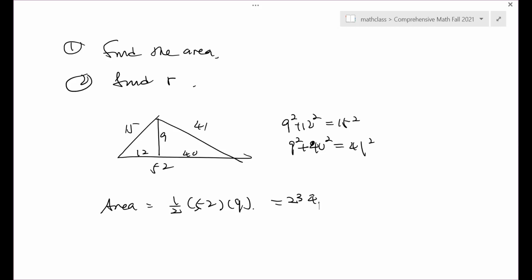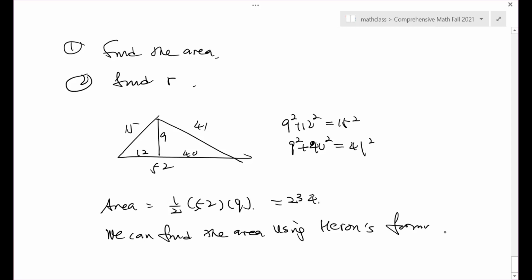We also have the so-called Heron's formula. We can find the area using Heron's formula. You can try, okay? What is so-called Heron's formula?